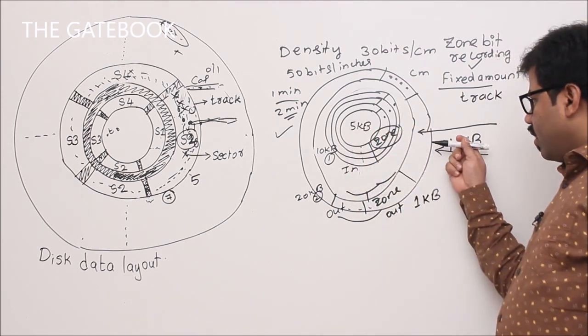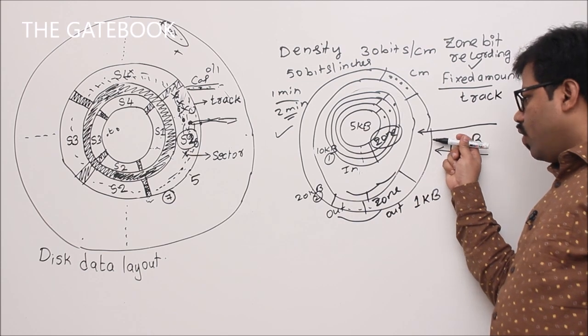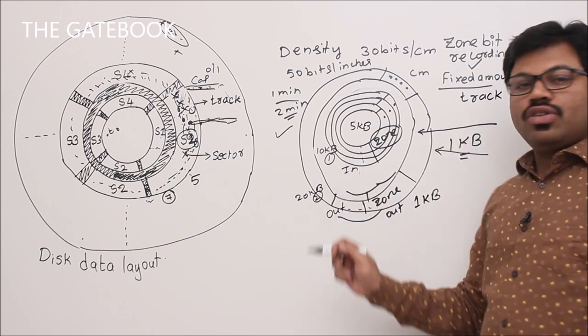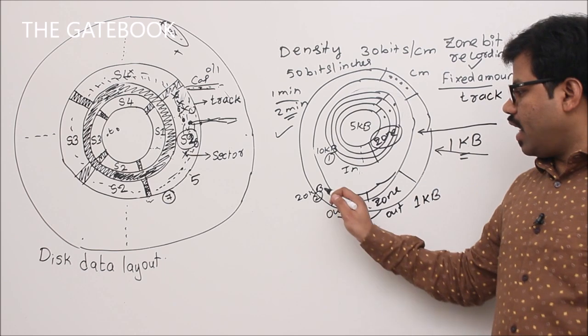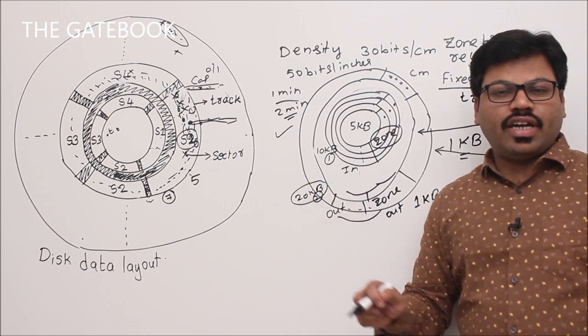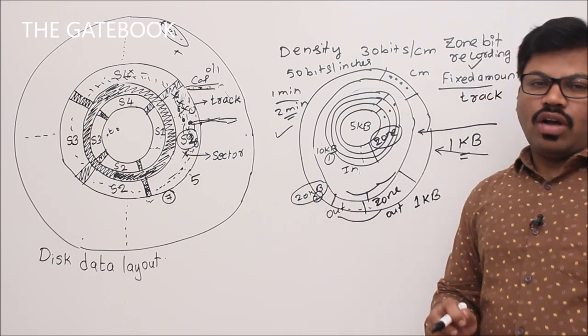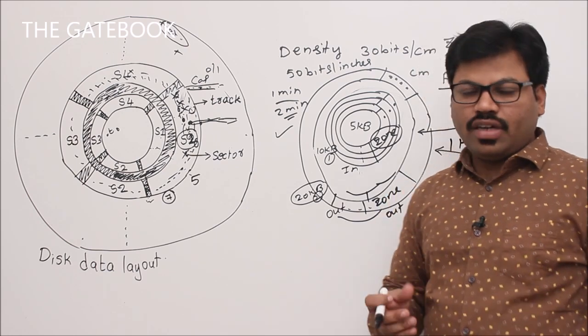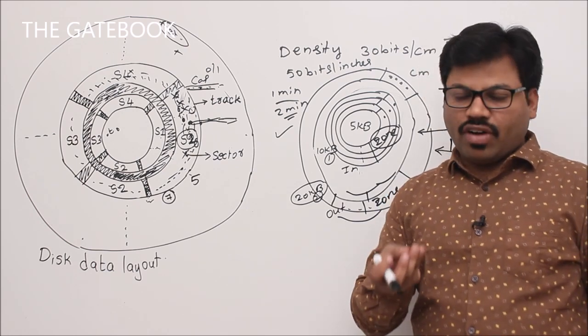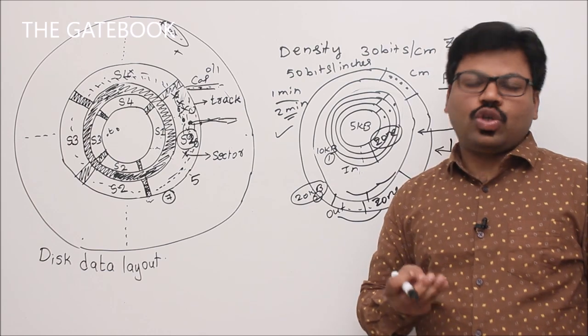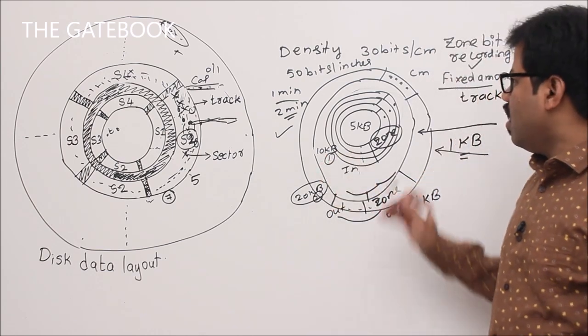When your head is here, half rotation won't give you 5 KB, it gives you 10 KB of data, right? Because we have 20 KB of data in that particular track. So an appropriate circuit should be designed so that the right amount of data, whatever we are asking, is given. That will be complex, but that's enough.